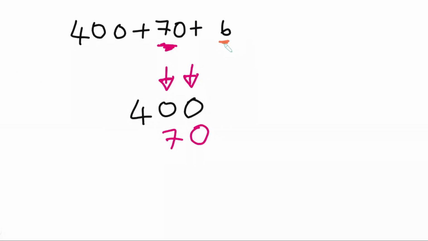Where do we put number 6? It's just 6 by itself, 6 ones, no hundreds, no tens, so our 6 must be in the ones column, okay? So what we're going to do, we're going to add them all up, easy peasy.